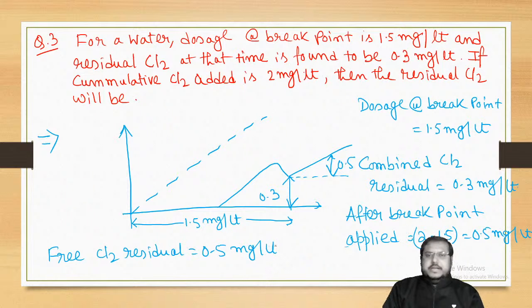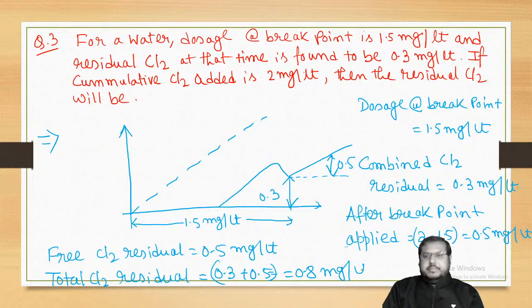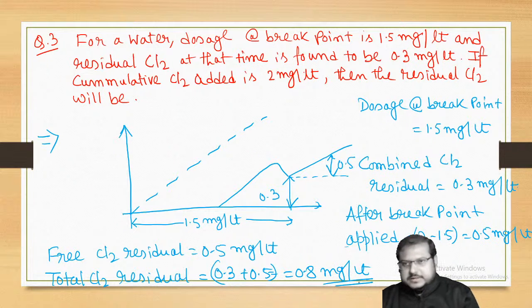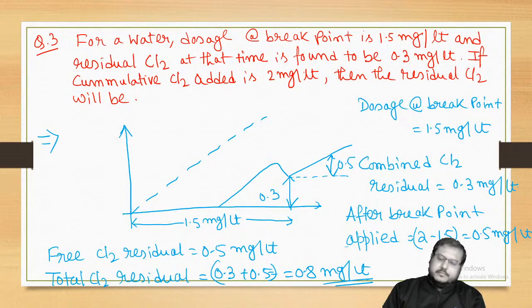So your total chlorine residual is combined chlorine residual plus free chlorine residual. It's 0.8 milligram per liter. That is your final answer. Is that clear?